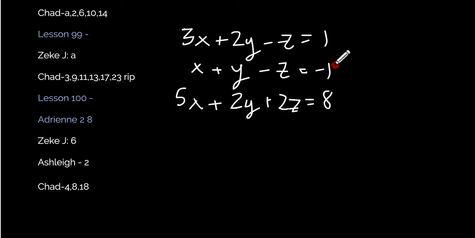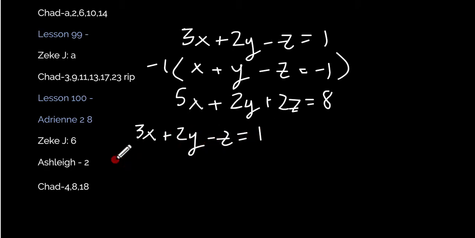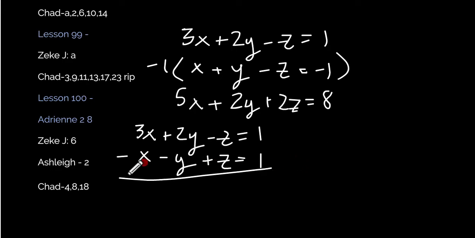Low numbers, opposite signs. So I'm going to take this one times a -1 and add it to the top one. So we get 3x plus 2y minus z equals 1. Choose which one you're going to eliminate, and that's what we're going to eliminate. I'm eliminating the z's. All right, see how I did that? Ta-da! All right, add those all together, and we get 2x plus y equals 2.